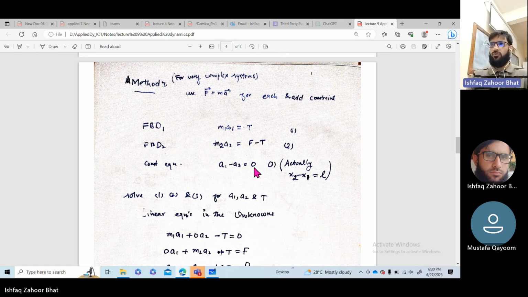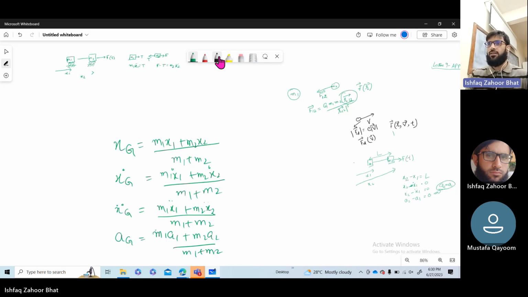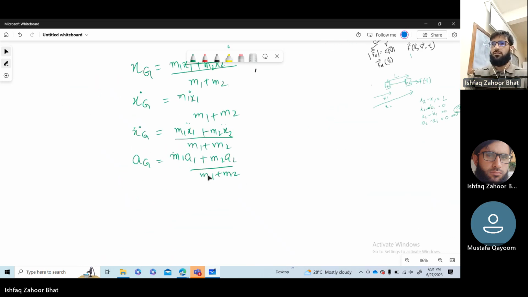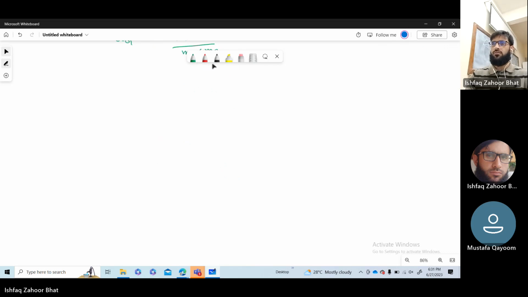So now what we will do, let us shift to the whiteboard. I think it is better to do stuff here. Okay. So what I am saying is that we have M1 and we have M2 here.